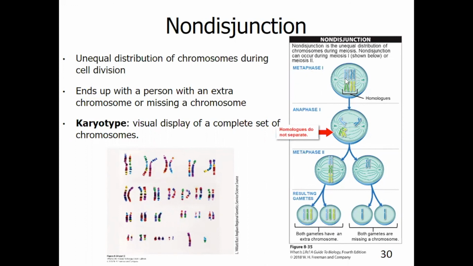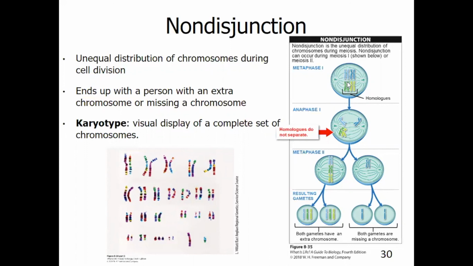What we see are two light blue sister chromatids attached at the centromere and two dark blue sister chromatids attached at their centromere. The two light blue sister chromatids and the two dark blue sister chromatids are homologous chromosomes.